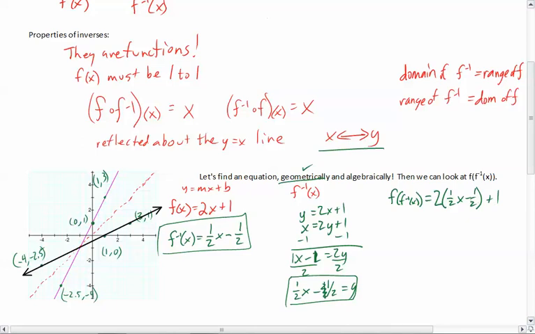If I distribute the 2 to both of these, I get 2 times 1/2, which is 1x, and 2 times negative 1/2, which is -1. Then I still have the plus 1, and you'll notice these cancel out, which leaves us with x. That shows that f of f inverse should be x.